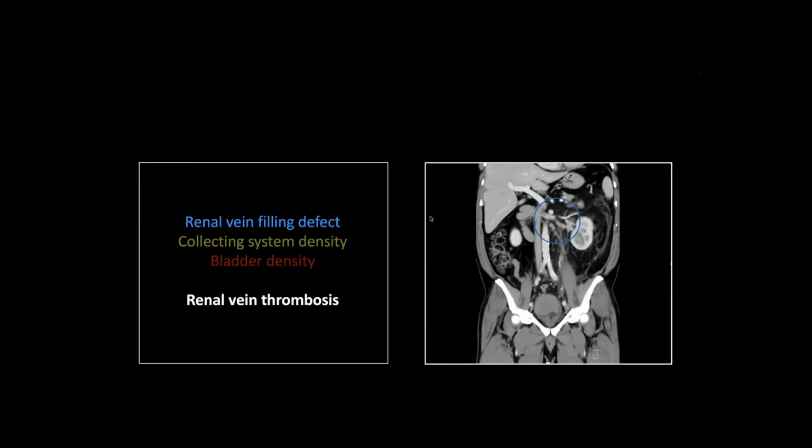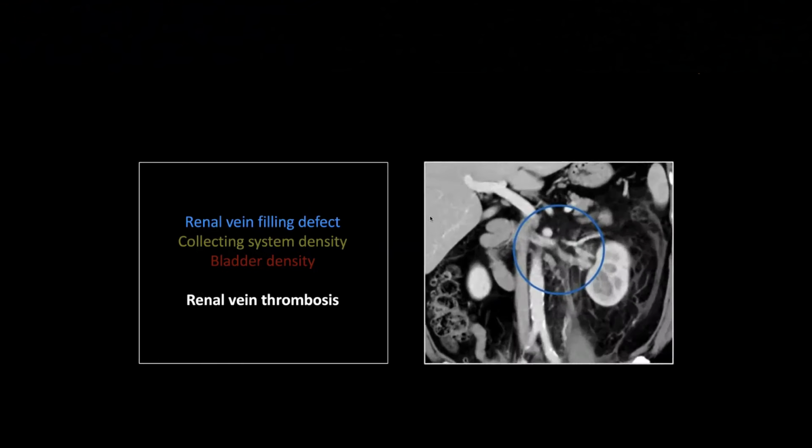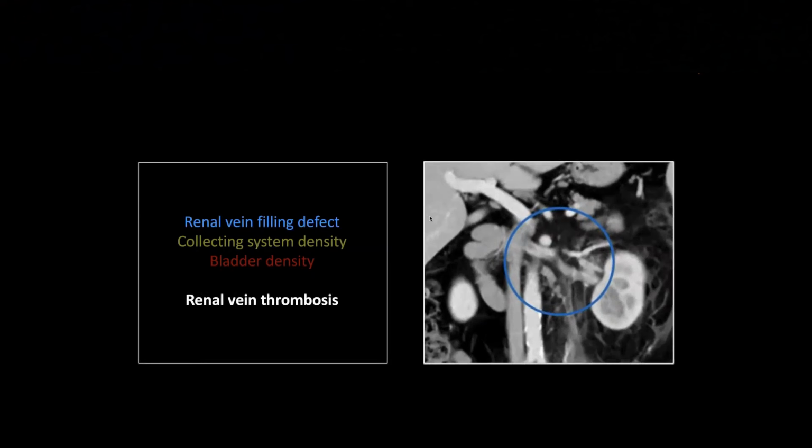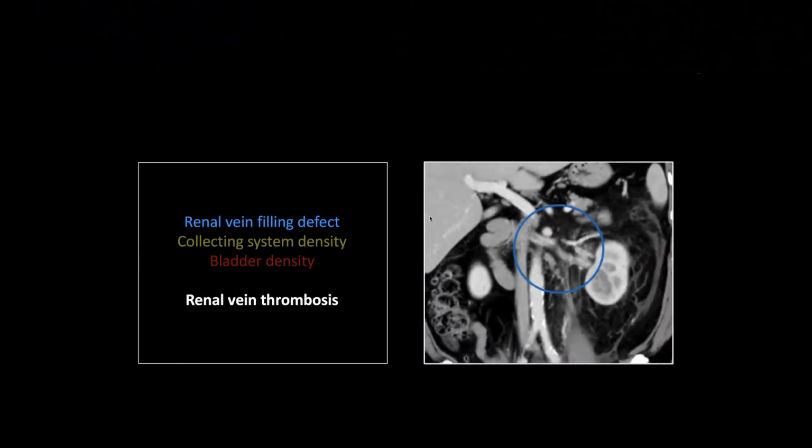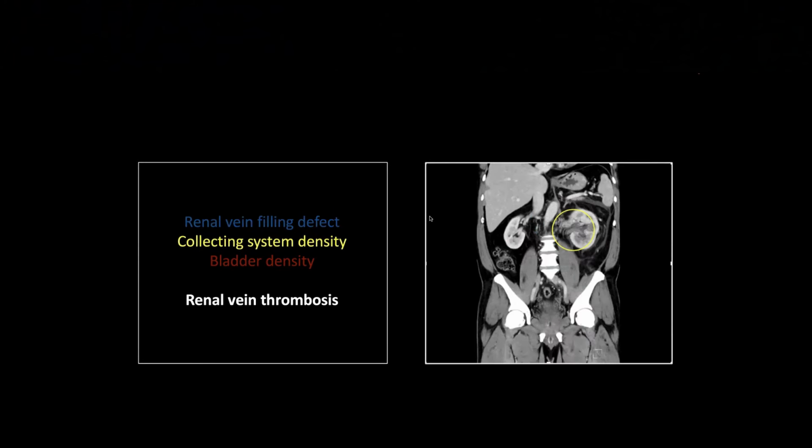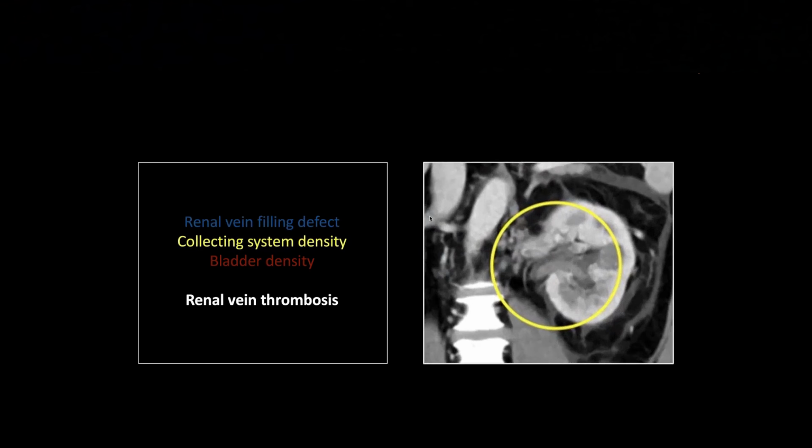Right, on the coronals, you can really appreciate the filling defect there in even the more proximal portion of the left renal vein. And again, there is the hematuria. So there is a lesion in there dumping blood into the collecting system.